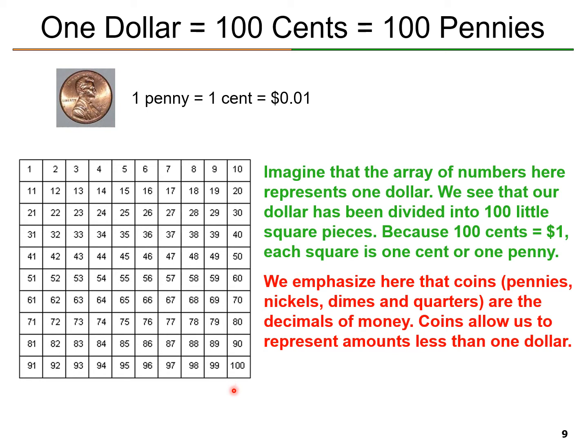Because 100 cents is equal to $1, each one of these squares is 1 cent or 1 penny. We emphasize here that coins, pennies, nickels, dimes, and quarters are the decimals of money. Yes, coins are the decimals of money. Coins allow us to represent amounts less than $1.